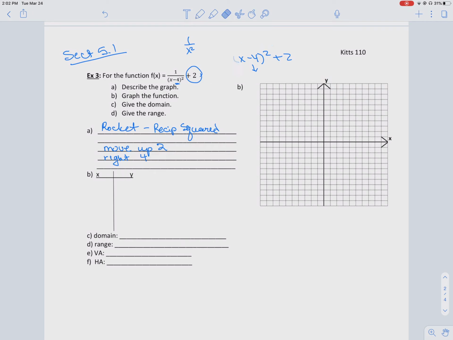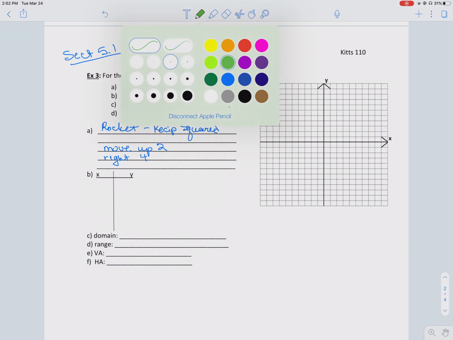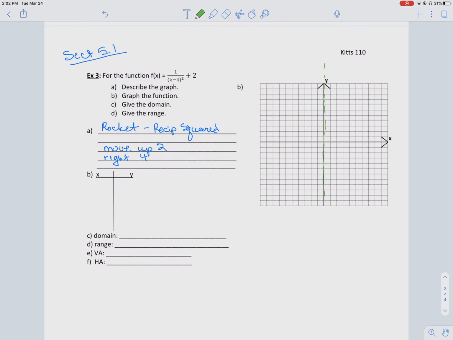So if you remember, the rocket had a vertical asymptote right here, and it had a horizontal one here. Now we're going to move those asymptotes. We're going to move them up 2 and right 4. So if I go up 2, I'm going to make my horizontal asymptote right here.